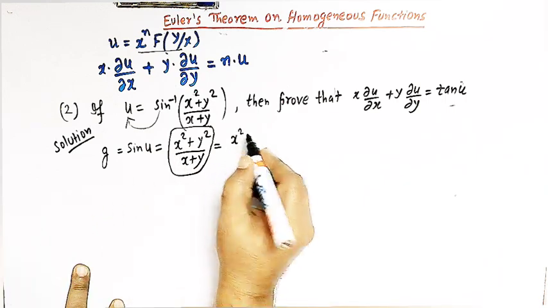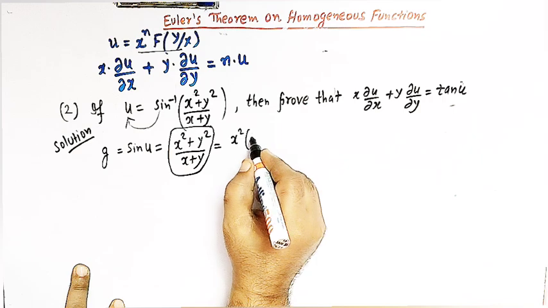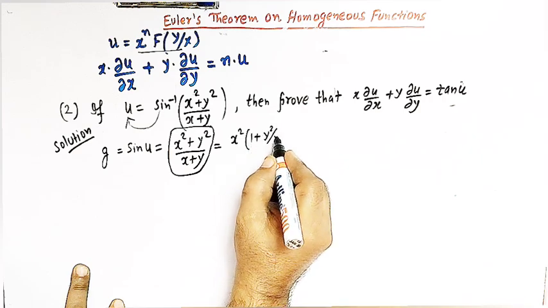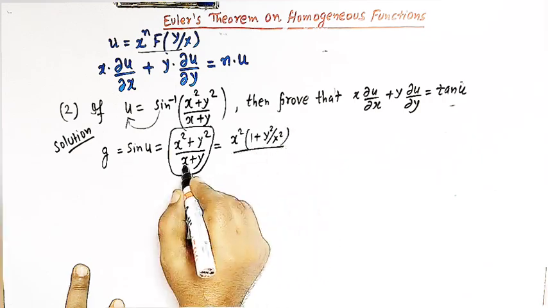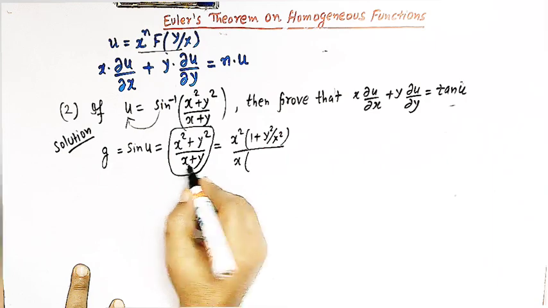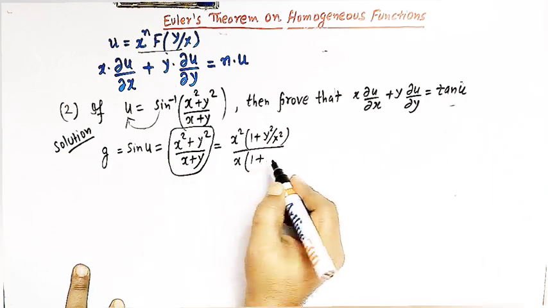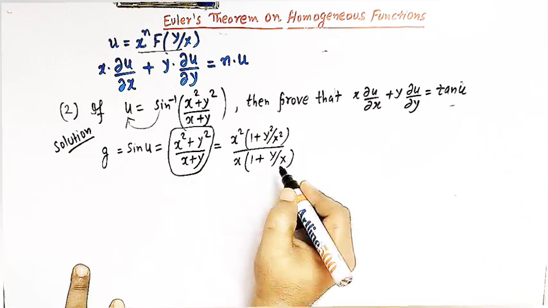Now let us show that this function is a homogeneous function of degree 1, right? So taking x square common in the numerator, we have 1 plus y square over x square, and taking x common in the denominator, we have 1 plus y over x.